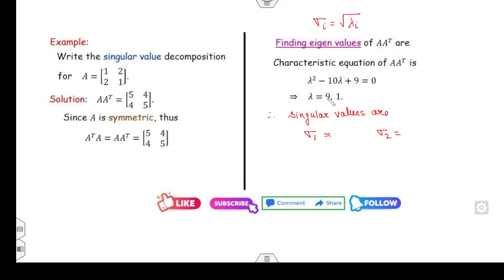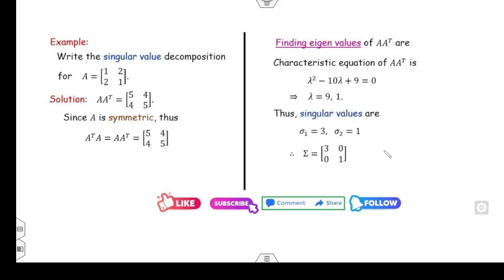Can you find the positive square root of 9? 3. Can you find the positive root of 1? 1. Hence, your matrix sigma will be, because again it's a 2 cross 2, these sigmas are my diagonal entries and the rest of the values are 0. So sigma is 3, 0, 0, 1. Remember, your target is always to write in this form.